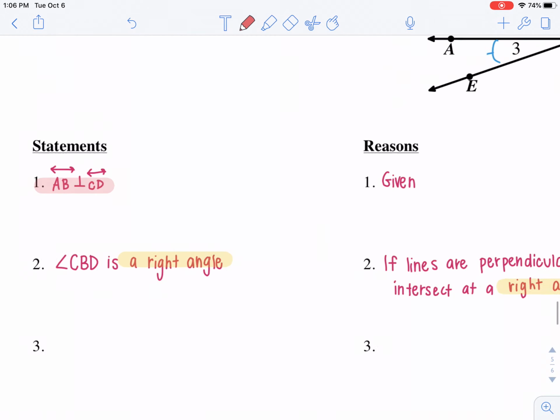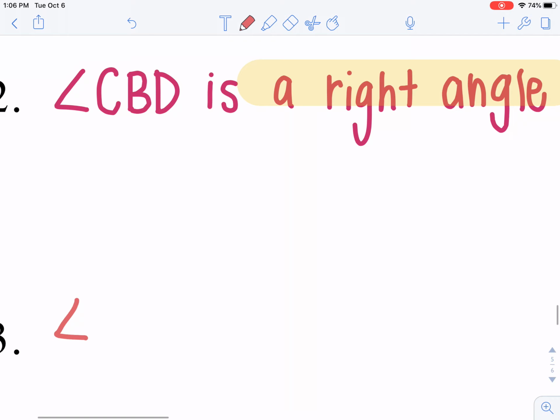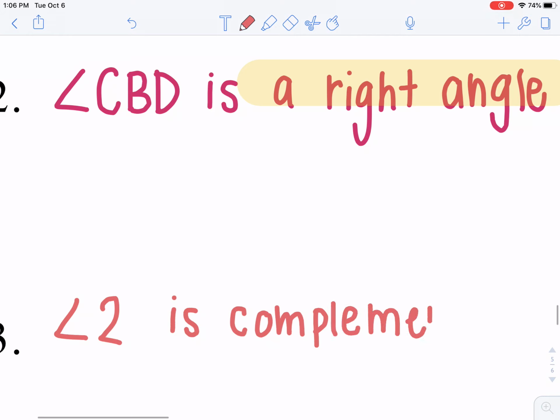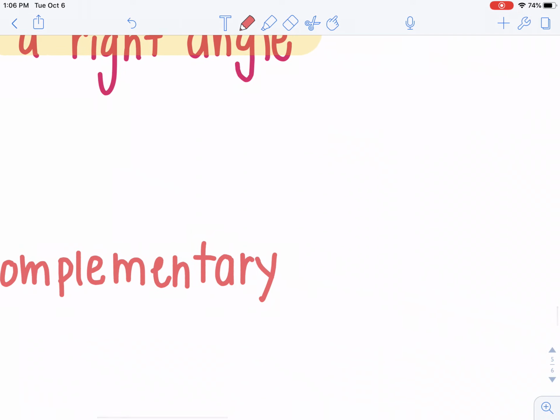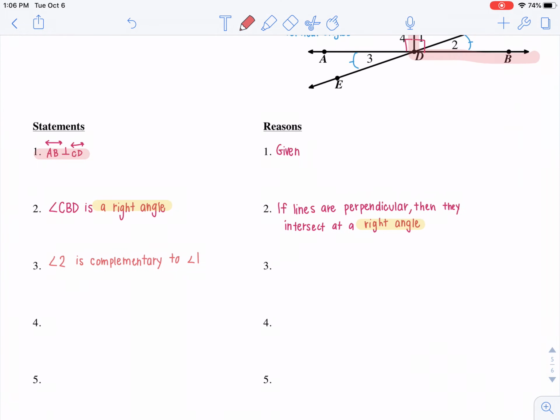So we can say angle 2 is complementary to angle 1. All right, let's think about it. How do we know this? Well, we have two adjacent angles that form a right angle. If we have two adjacent angles that form a right angle, that makes them complementary.